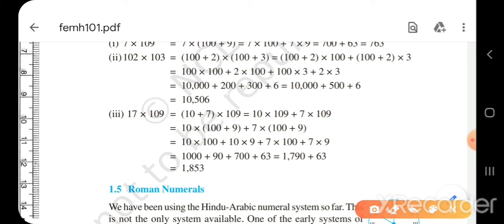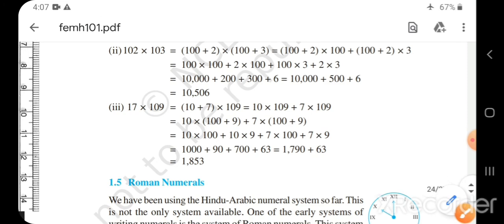You can expand both the numbers, 10 plus 7 and 100 plus 9. Here only one bracket is expanded, 10 plus 7, and 109 as it is. So 10 into 109 plus 7 into 109.